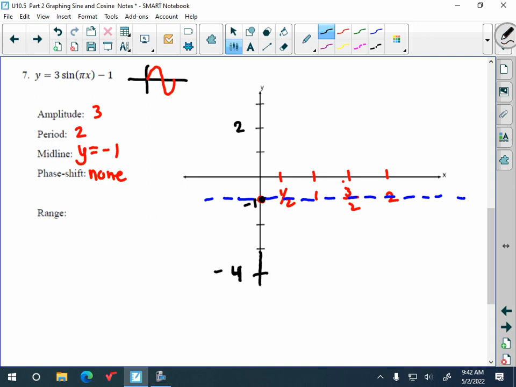All right, and then we're going to go up to the highest point. Then come down to the lowest, and then end on the midline. All right, and then our range is negative 4 to positive 2.